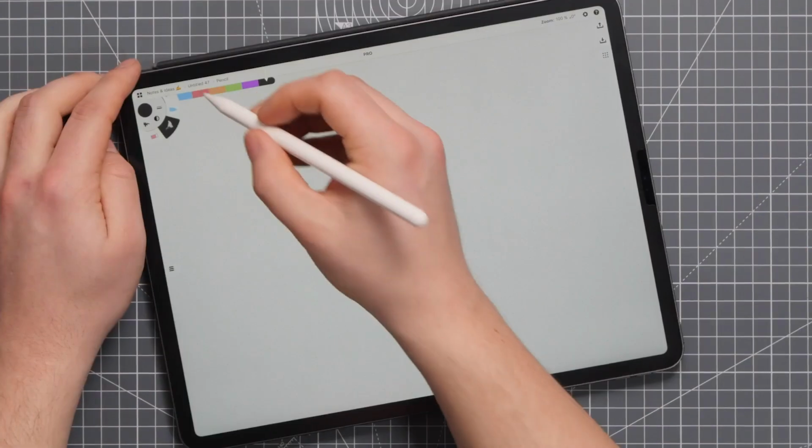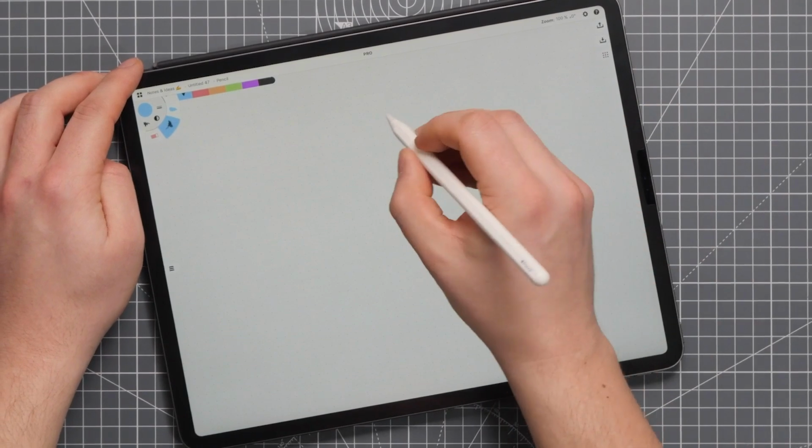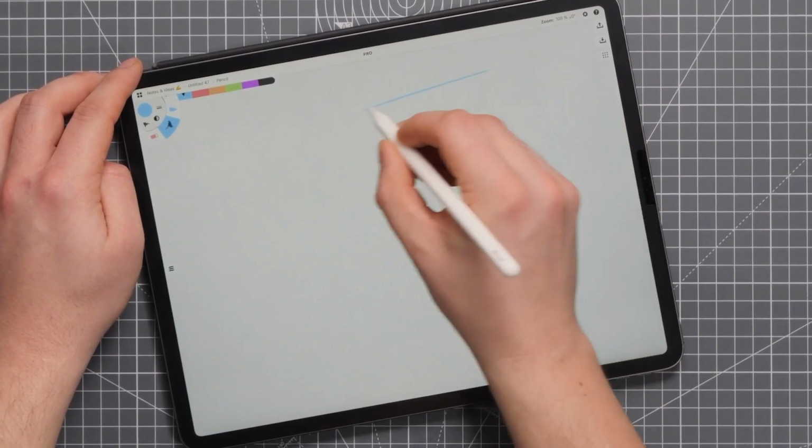When you're comfortable with that, try drawing a pyramid. First, draw a square in perspective.